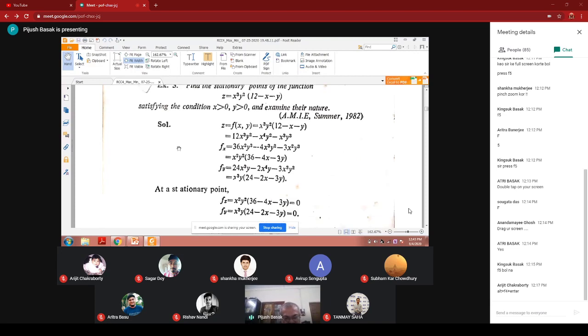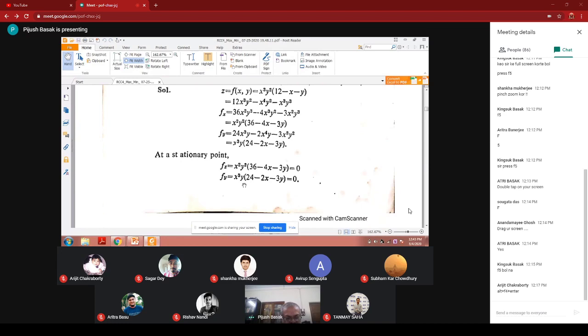So take the partial derivative. f_x is 12 into the 36 x square y square minus 4x cube y square minus 3x square, after taking common this. f_y is similarly x cube y 24 minus 2x minus 3y, right?